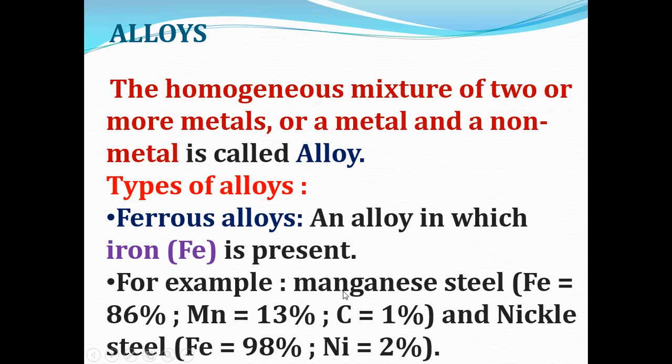Manganese steel contains 86% iron, 13% manganese and 1% carbon. Then nickel steel, an alloy which contains 98% iron, 2% nickel.